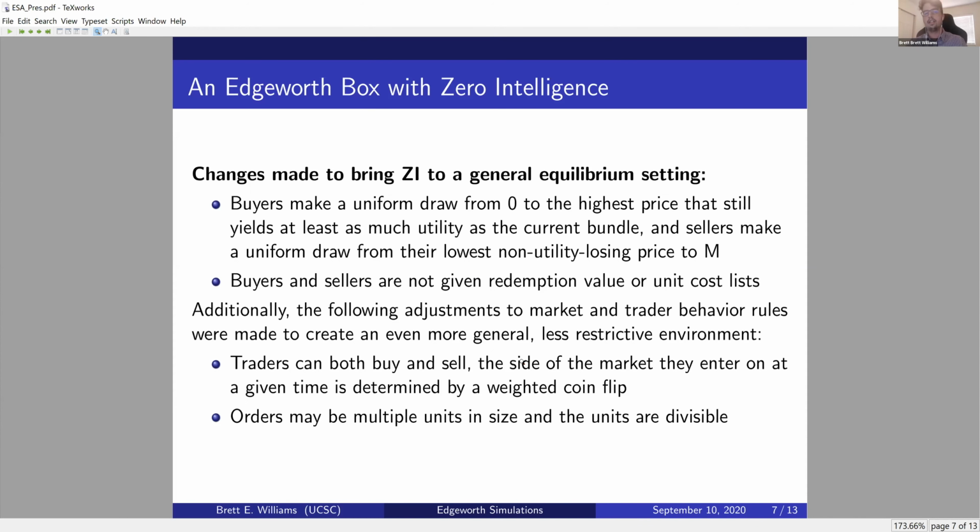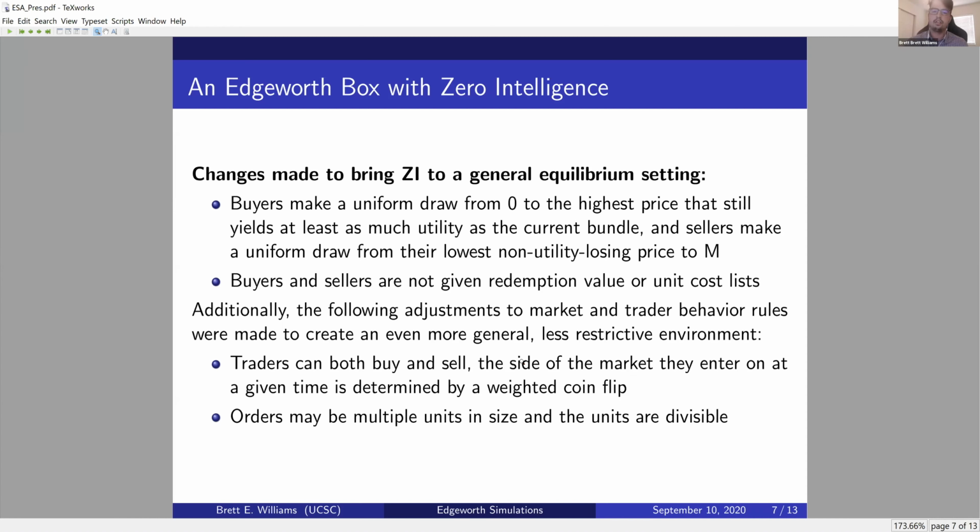Changes that can be made to ZI to help bring it to general equilibrium: I'll allow buyers to make a uniform draw from 0 to the highest price that still yields at least the same level of utility as their current bundle, and sellers a uniform draw from their lowest utility-maintaining price to some maximum, the same maximum you would impose in zero intelligence in partial equilibrium.